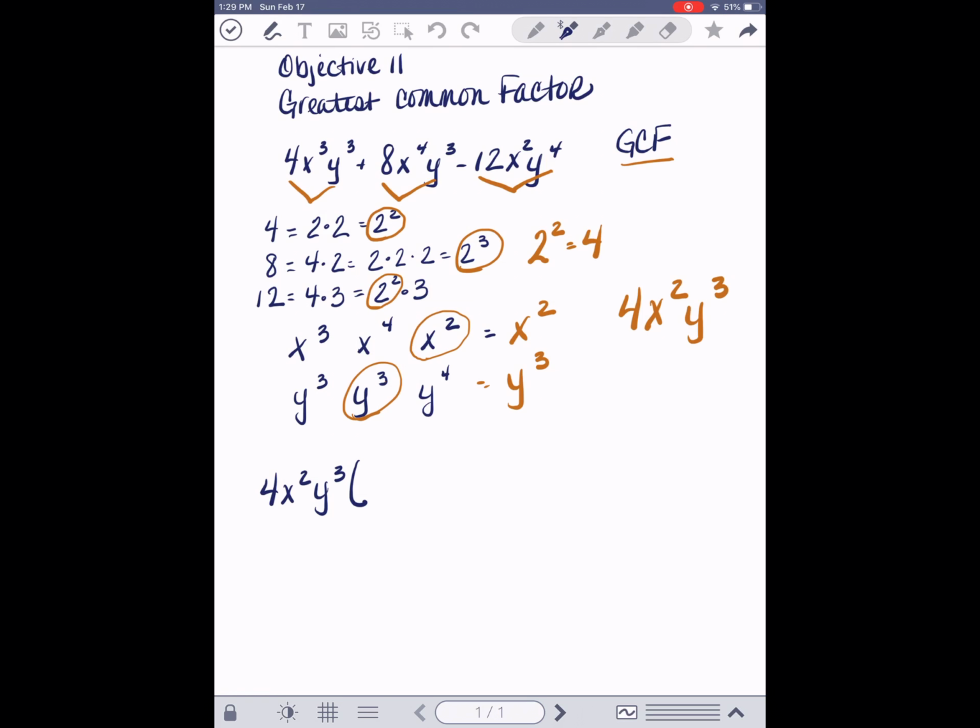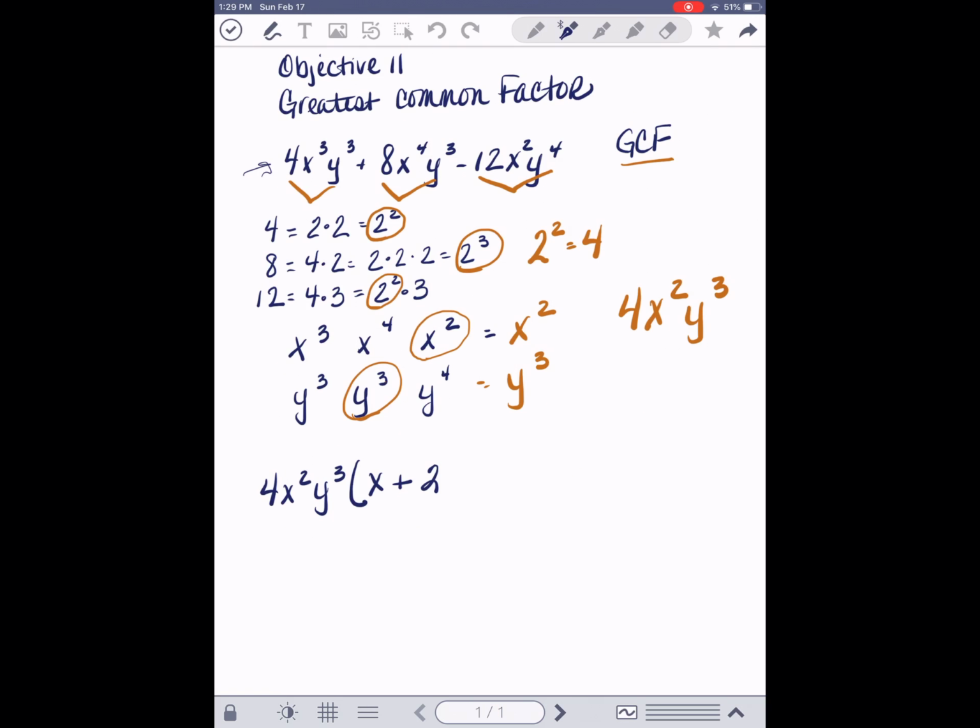Now, if you want to take it out of the original problem, what are you left with? We have 4x cubed y cubed. If we take out a 4, we have 1 left. X squared, so we have 1x left, and y cubed, we have 1, which we don't have to denote. So plus 4 times 2 is 8.